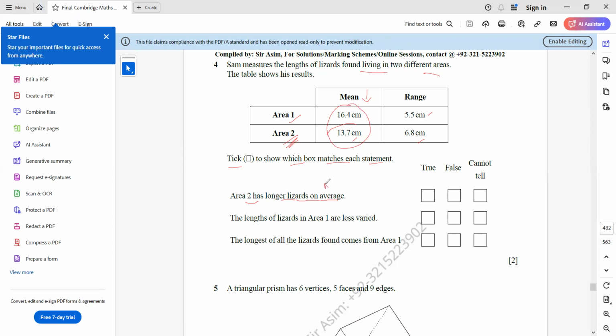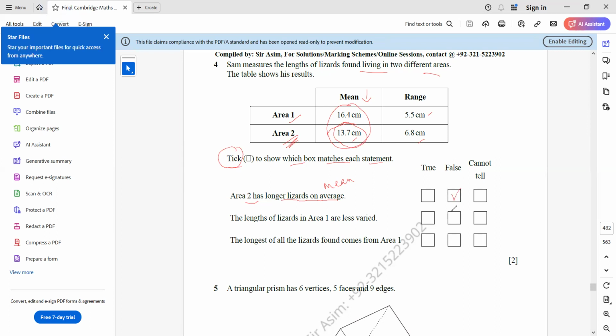On average means we are considering the mean. For area 2, 13.7 is less than 16.4. So it is not the case that area 2's mean shows that lizards are longer. Since it was a requirement of the question, we need to tick it. So instead of crossing it out, we need to tick it. That means we need to do it like this.